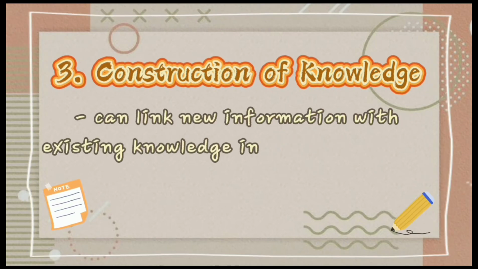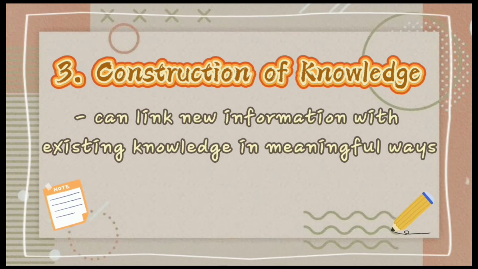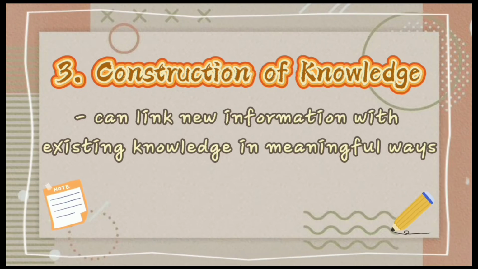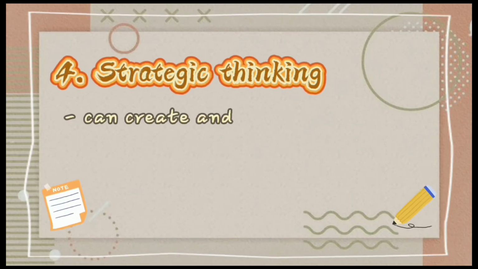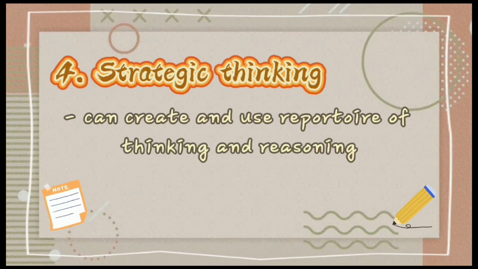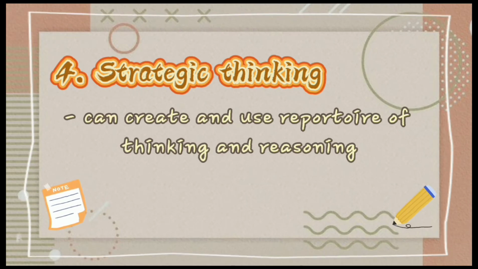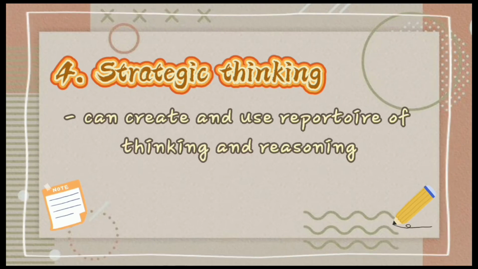Construction of knowledge can link new information with existing knowledge in meaningful ways. It is when the learners connect their newly learned information to their existing knowledge. Strategic thinking can create and use a repertoire of thinking and reasoning. The learners are able to think critically and reason to achieve complex learning goals.